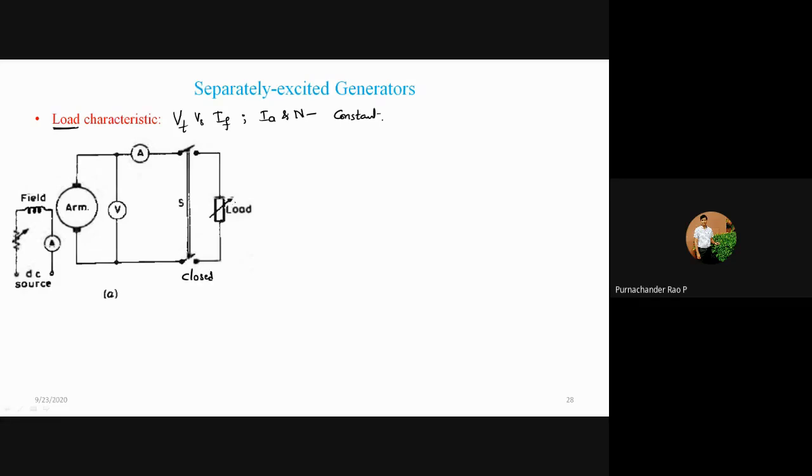Initially, there is no load present here. I can assume that this is IA or IL. Am I right? Because IA is equal to IL, I can calculate this as IA, and then this is your terminal voltage or EG. You can also call it EA and terminal voltage.